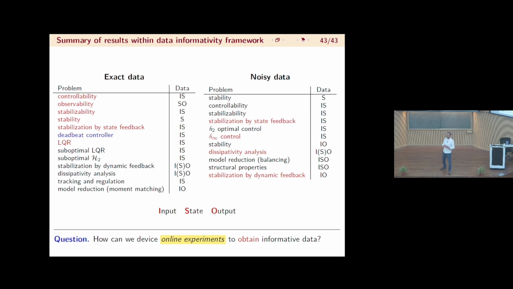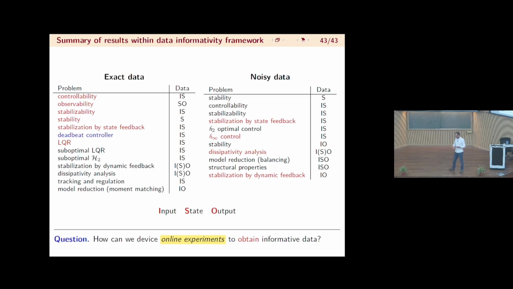But first, it's going to be a duo. So first I'm going to talk about informativity for system identification, because so far we only know a sufficient condition for system identification, persistence of excitation, but it is not necessary.